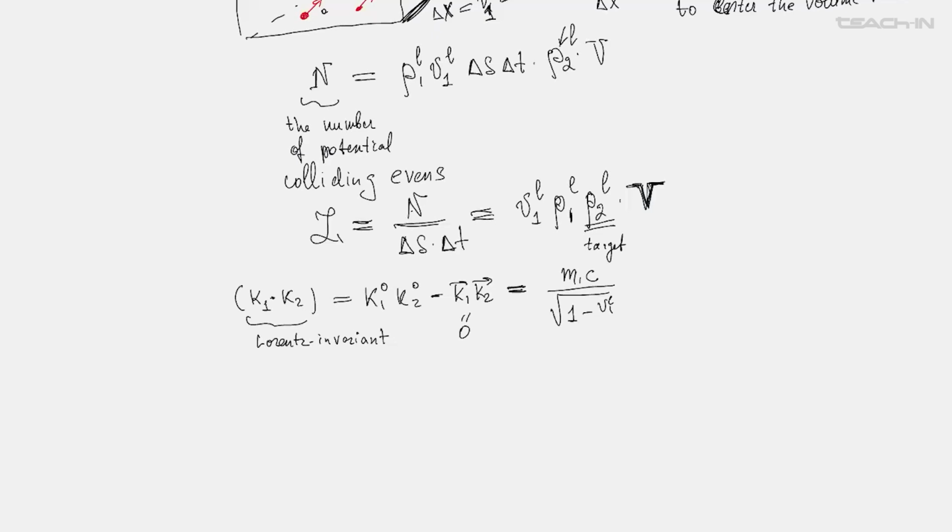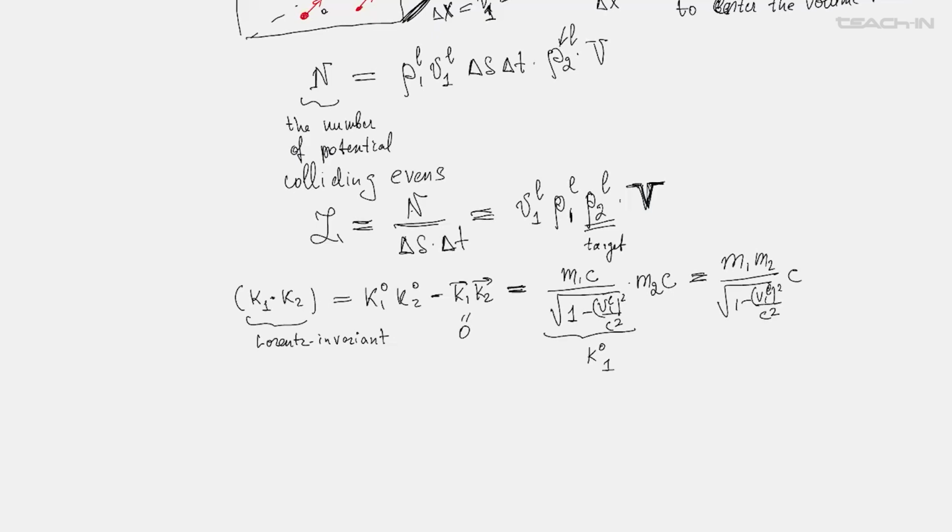This is K1⁰, right? Multiplied by K2⁰, but this is the energy of particles at rest, so it's simply M2c. And this then means that what I have is M1 M2 divided by the square root of 1 minus V1 laboratory squared over c squared, multiplied by c squared.